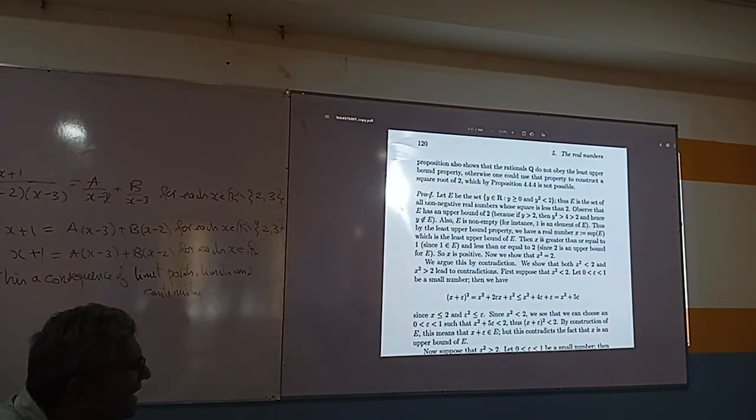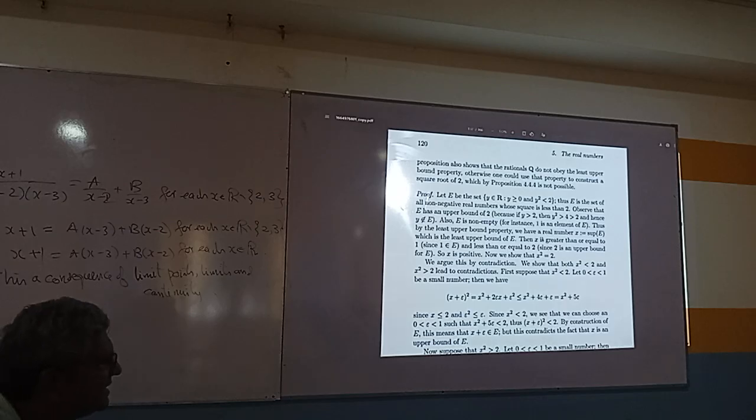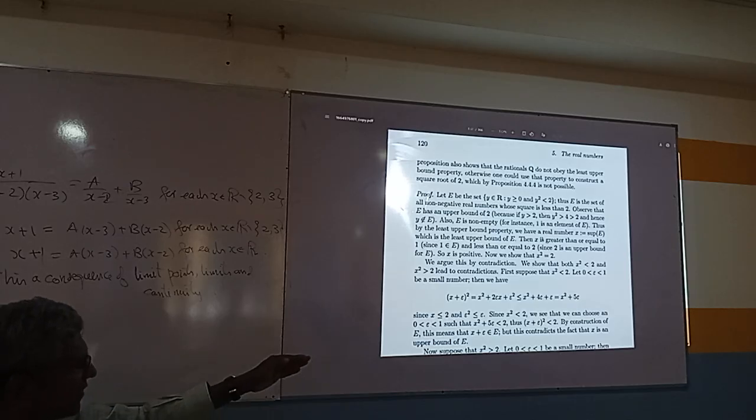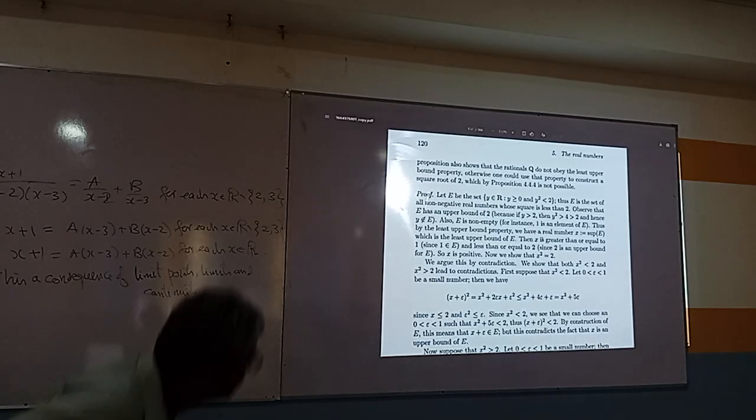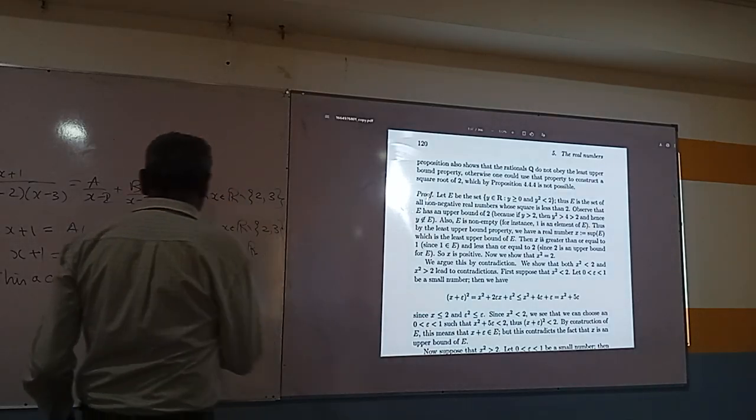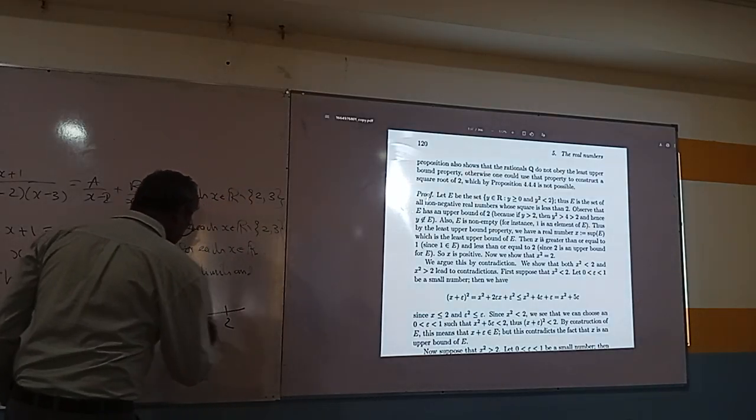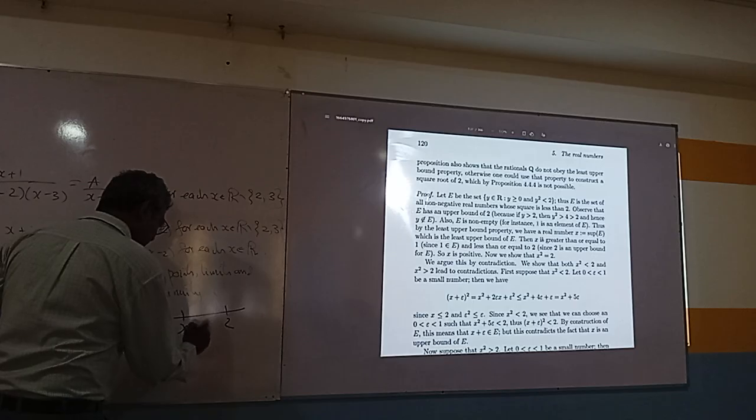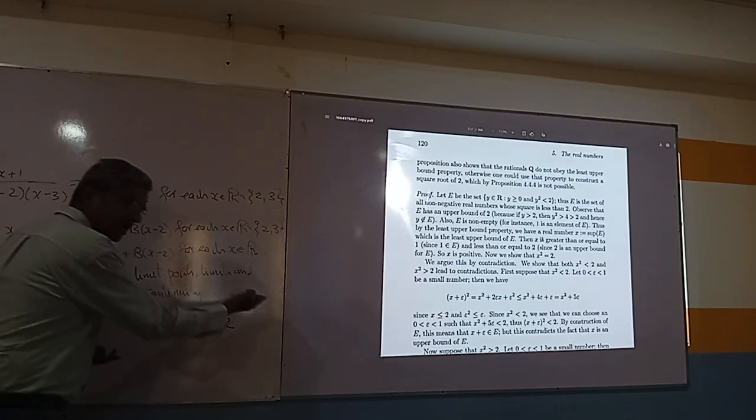Since x squared is less than 2, we see that we can choose an epsilon between 0 and 1 such that x squared plus 5 epsilon is also less than 2, because there is a gap, no? 2 is here, x squared is here. So there are numbers.